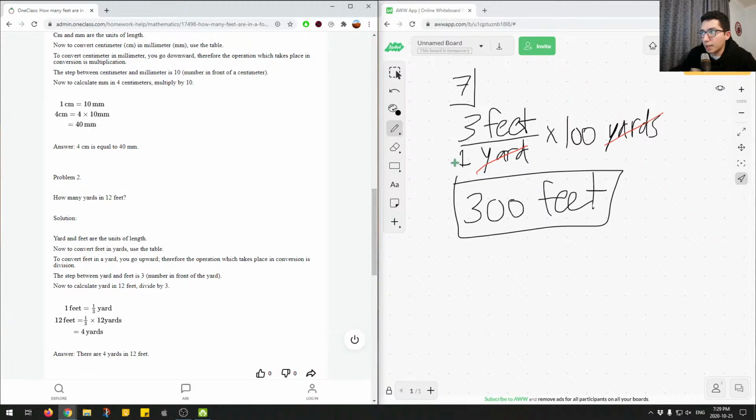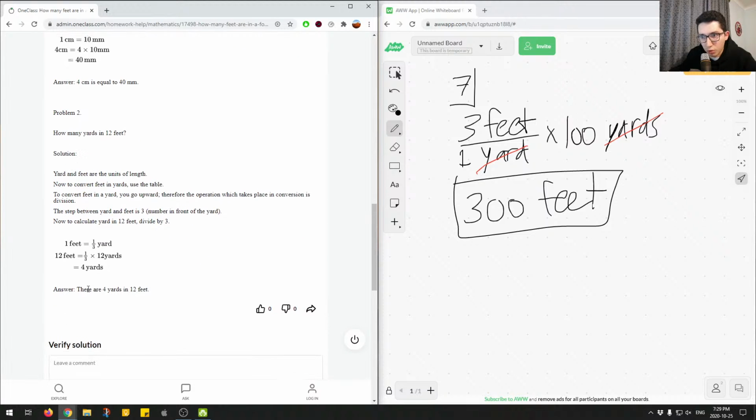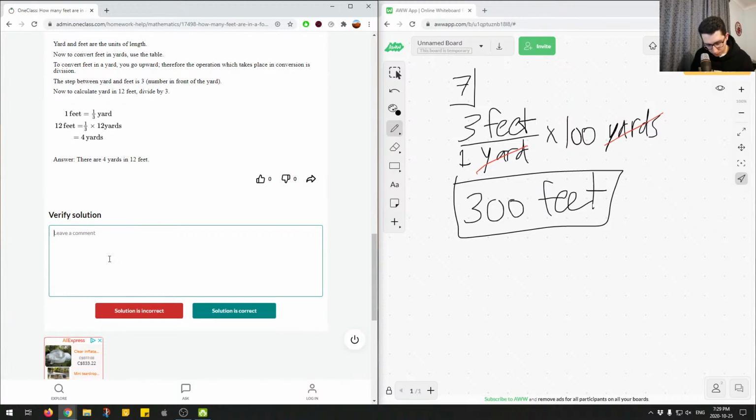We know that it's essentially asking for the opposite of this. So there's a third of a yard in 1 foot. So they multiply 12 by a third, and they end up with 4 yards. So correct answer. Great job. And we'll mark this as correct.